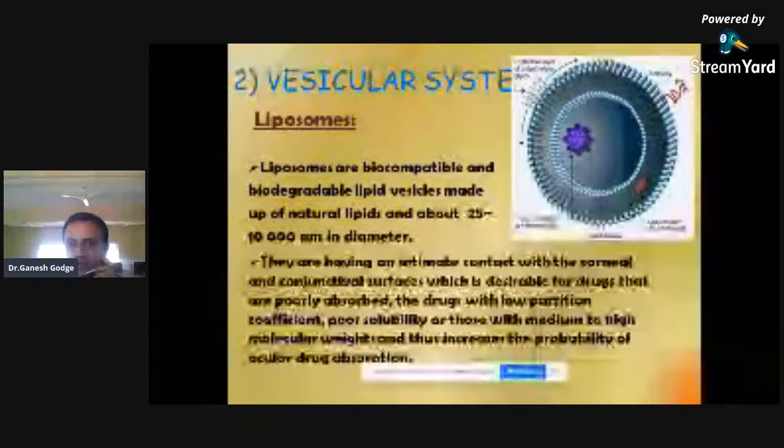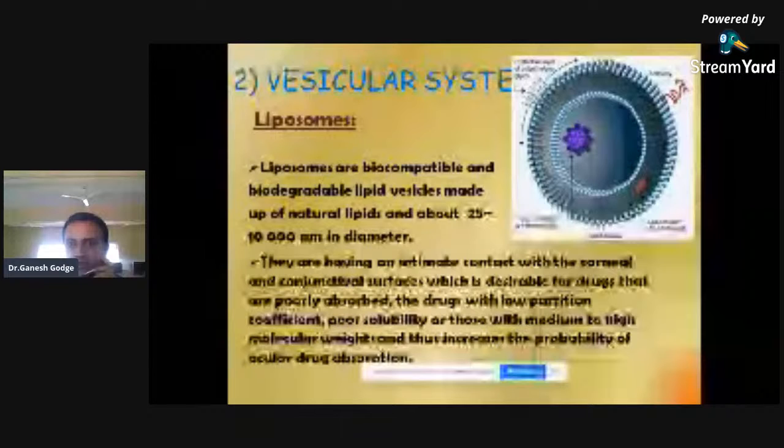That is the beauty of liposomes, but the problem is their instability, because they have a bilayer lipid layer. Some portion is available in the hydrophilic area and some portion is available in the lipophilic area. So the chemical instability of liposomes or vesicular drug delivery system is quite a major concern in the development of ophthalmic products using vesicular drug delivery systems.